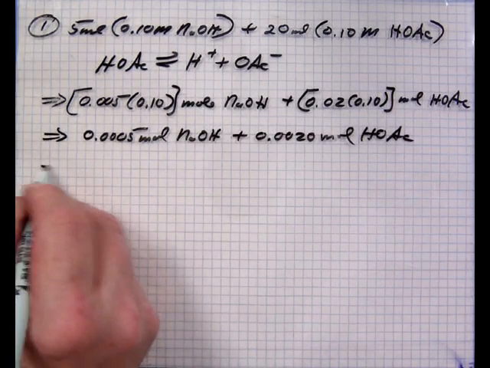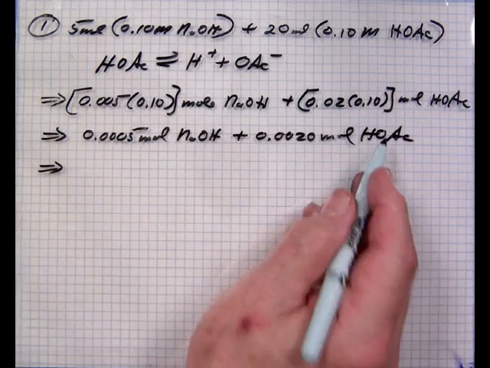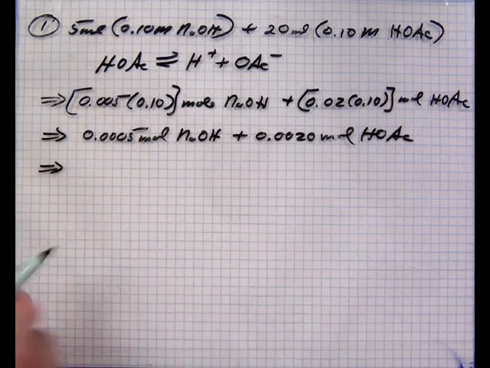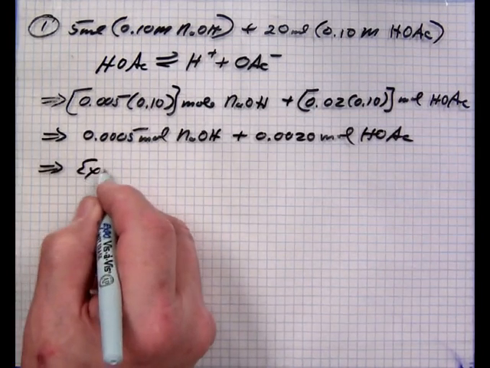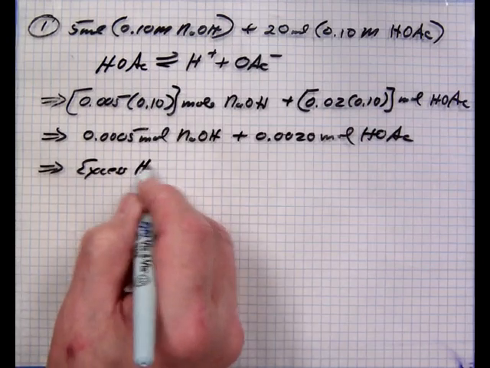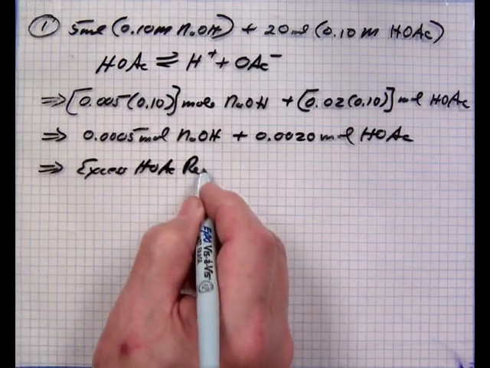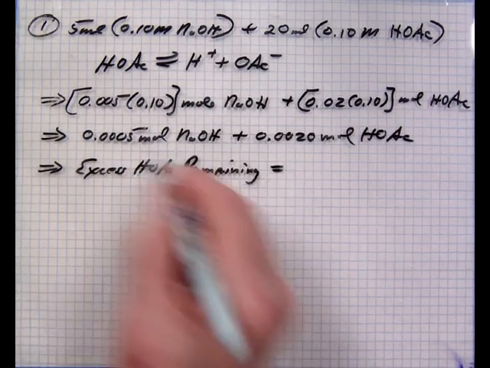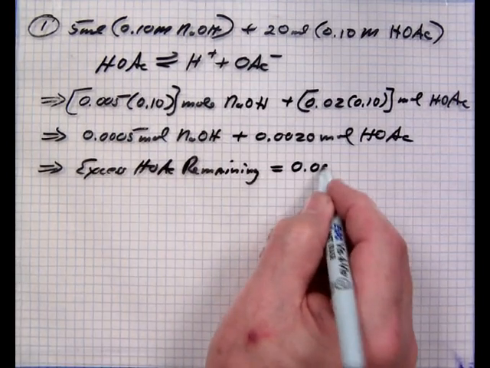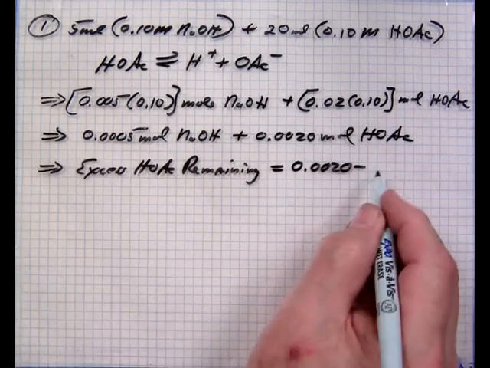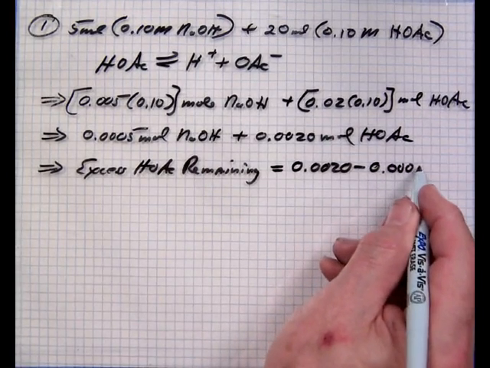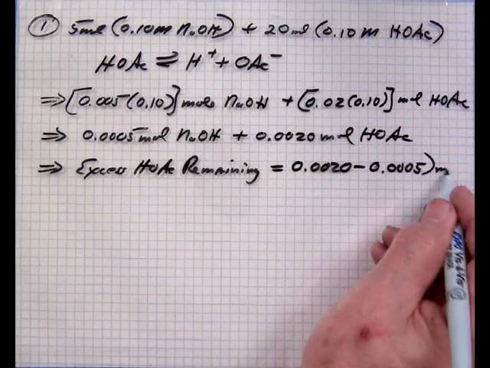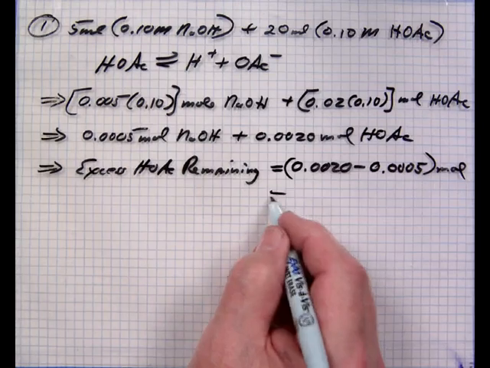Okay. Now the excess acetic acid is equal to 0.0020 minus 0.0005 mole of the HOAc.